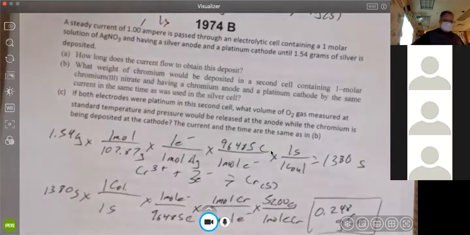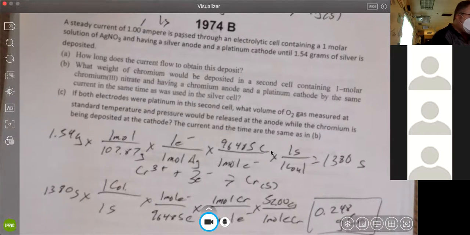What do we think there? If both electrodes were platinum in this second cell, so we're not depositing any more of the chromium here. Both are platinum in this second cell.